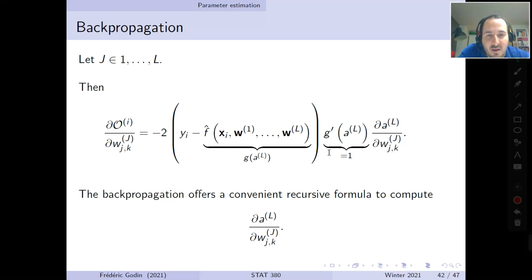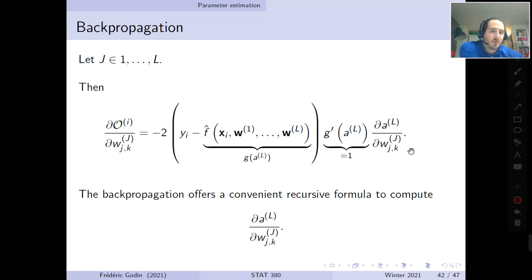So when we differentiate G, if G of x is x, the derivative is simply 1, so this vanishes, and then we have the partial derivative of the last activation with respect to the associated parameter. All the other quantities here are known, and the only part that's not known yet is this one.